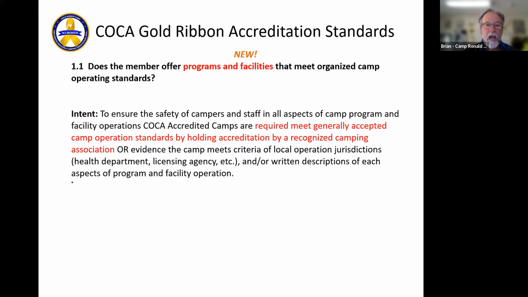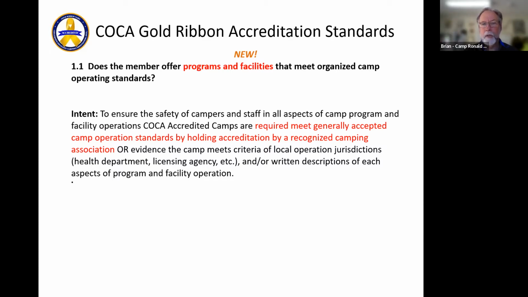The other part is that they're either accredited by a body, or they're required to meet a generally accepted camp operation standard, holding an accreditation. ACA is the one in the US, which is generally recognized. I don't think we have anybody from Canada on this call, because there are provincial ones as well.